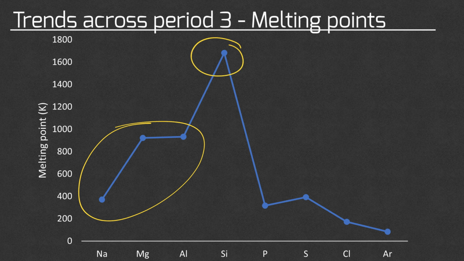Silicon has a very high melting point because it's a macromolecule, and in order to melt it, you've got to break those strong covalent bonds, requiring a lot of energy. And for the simple molecular structures, phosphorus, sulfur, chlorine, and then argon, the melting points depend on the number of atoms in their simple molecular structures. So sulfur, S8, has the highest, then phosphorus, P4, then chlorine, Cl2, and finally argon as it's monatomic.